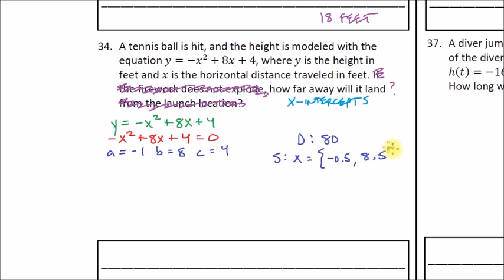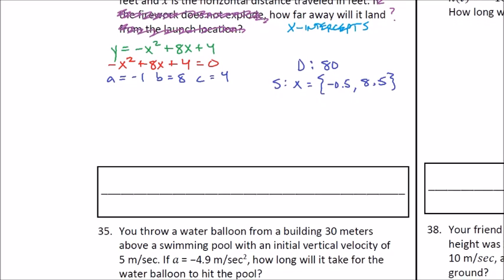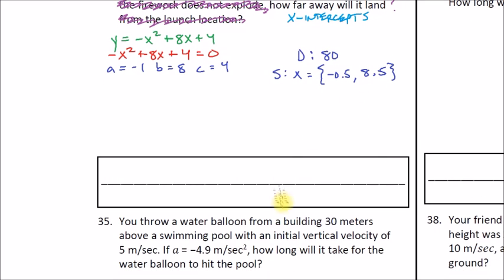We're looking for a distance traveled in feet. How far away will it land? Well, it's not going to land negative feet away. So the negative number is removed, and we're going to end up with our positive number. Write your answer as a complete sentence, and in the sentence mention that it's going to land 8.5 feet away.